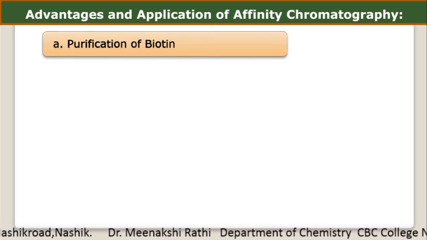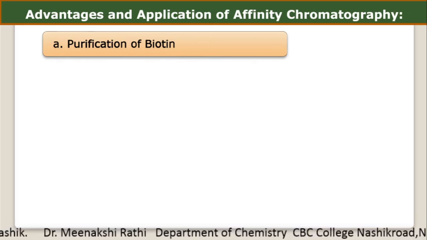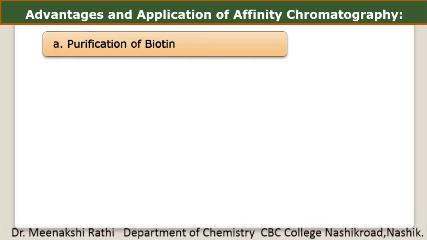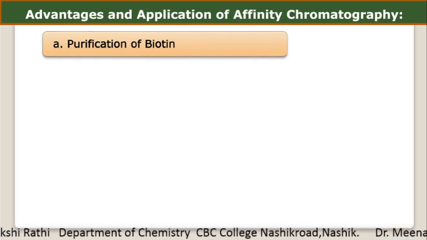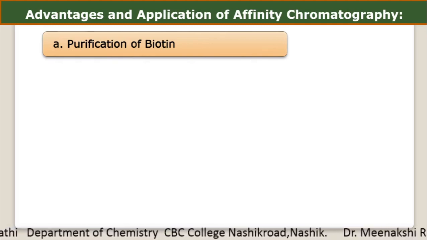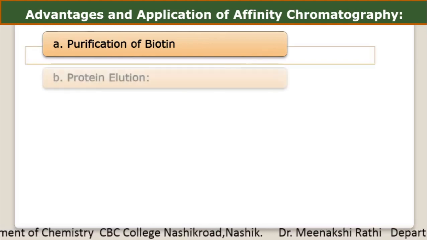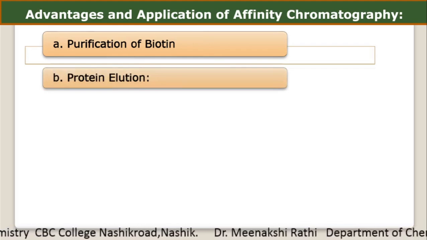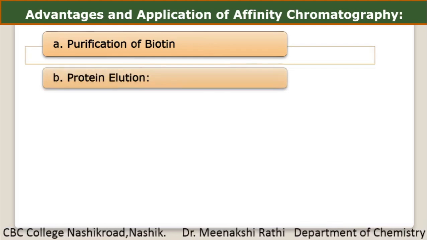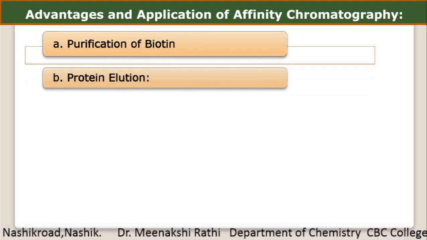Non-biotin molecules do not bind to immobilized avidin, while biotin only attaches to the avidin, and then finally it is washed away with another soluble ligand. This technique is also used for protein elution. Elution of protein is done by chelating agents such as EGTA or EDTA.